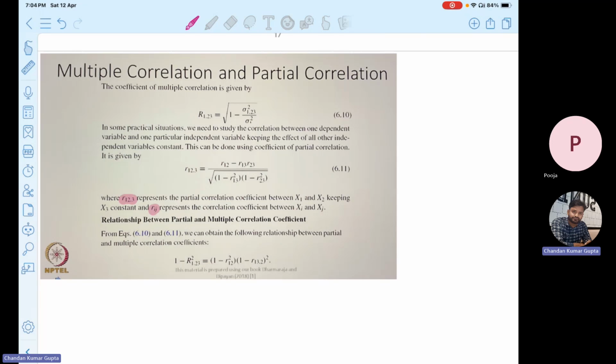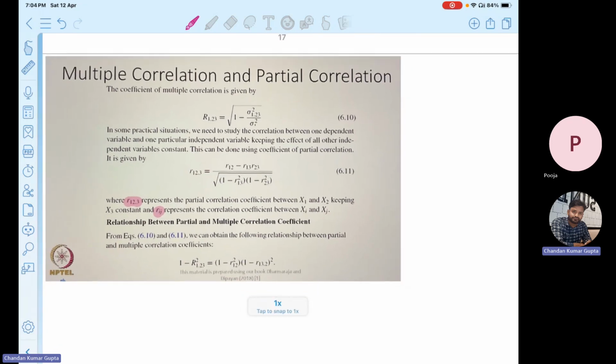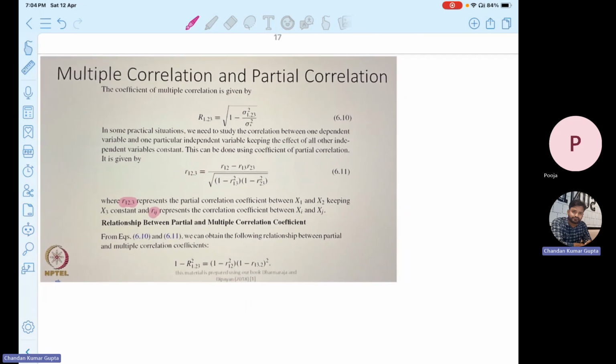Now, the multiple correlation and the partial correlation. The formula for the coefficient of multiple correlation is R1.23. The capital R is for multiple, and the smaller one is for partial.